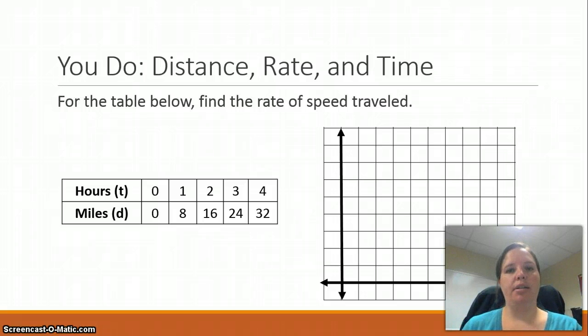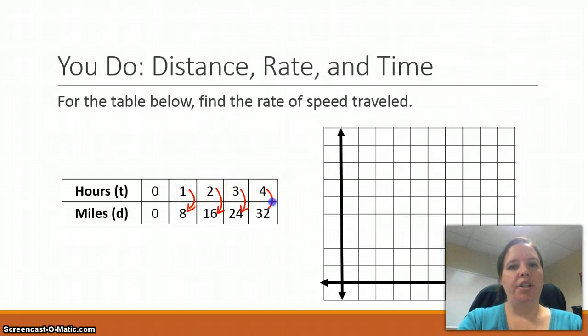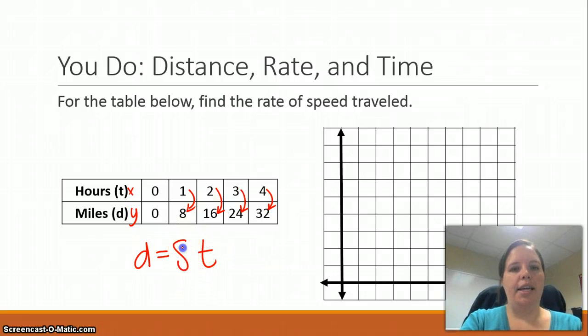A couple of ways to do it, but we want to do this complete view of direct variation here. So if we're looking at our t's and our d's, here are our x's and our y's, how do we relate those? Well, the distance traveled is equal to, and for all of these, it's 8 times the time.